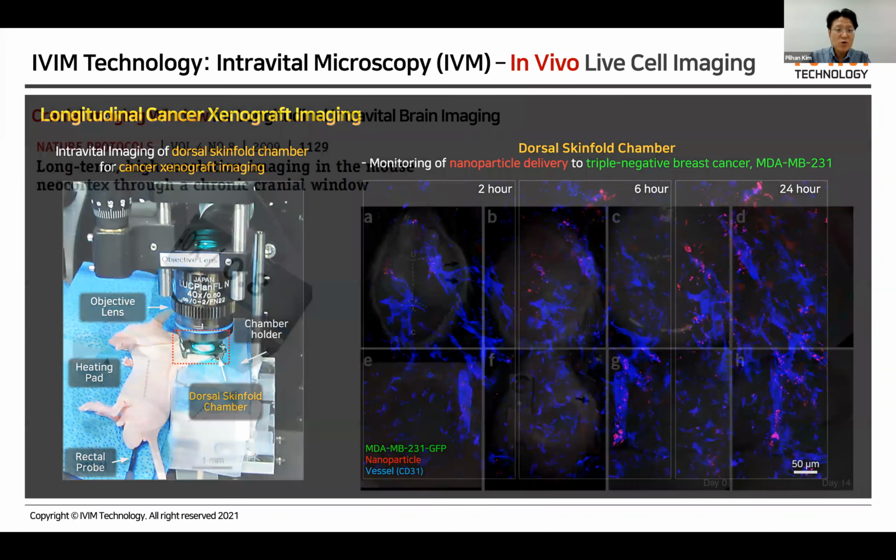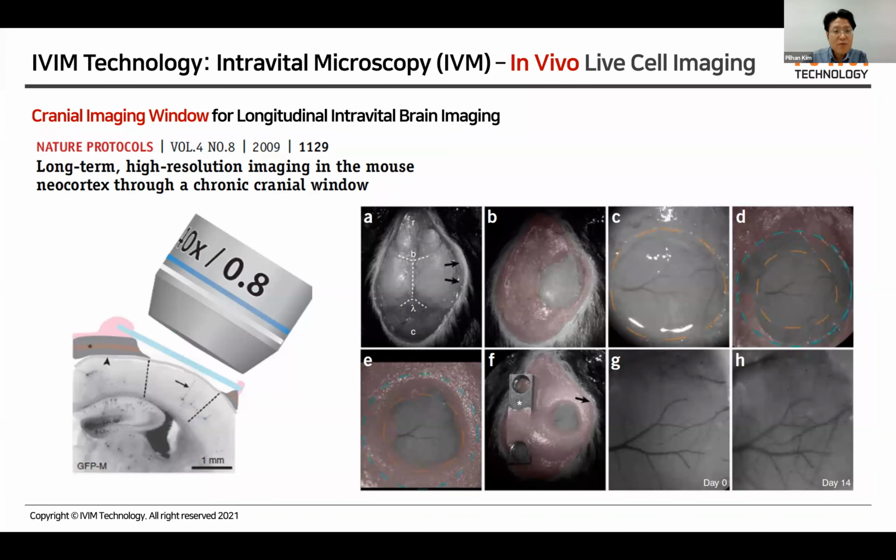The cranial imaging window is a very popular technique for longitudinal intravital brain imaging. Basically, we remove a small part of the skull, put in a transparent glass, and this pink color is the resin that seals the exposed area.